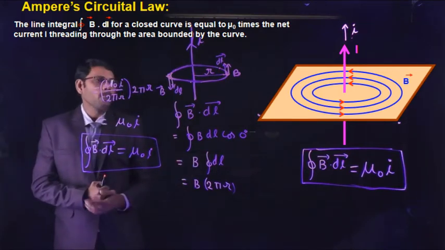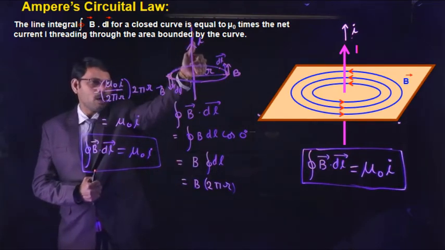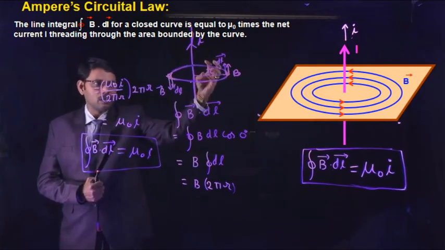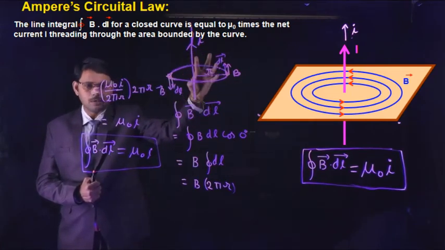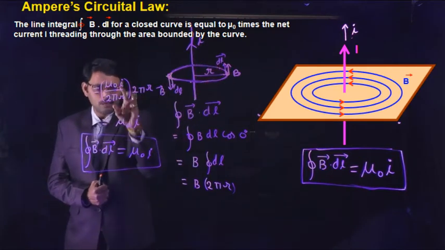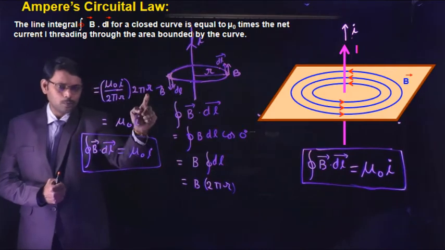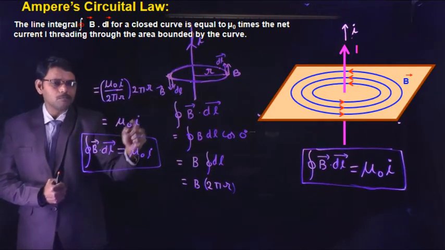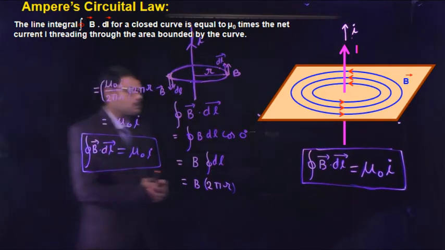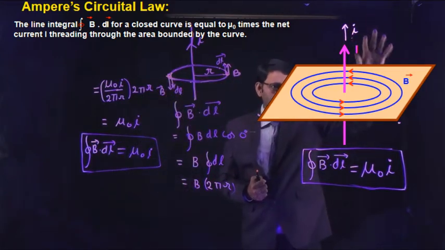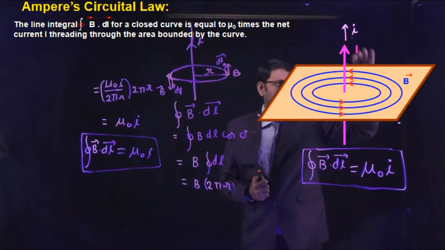One more thing: due to a straight current carrying long wire at a distance r, the magnetic field is calculated from the extended application of Biot-Savart's law, and its value is mu naught I by 2 pi r. So mu naught I by 2 pi r, the B value, into 2 pi r gets cancelled, giving mu naught I. Irrespective of the distance of the loop, you may consider the different loops 1, 2, 3 of different radius, whatever the loop may be.